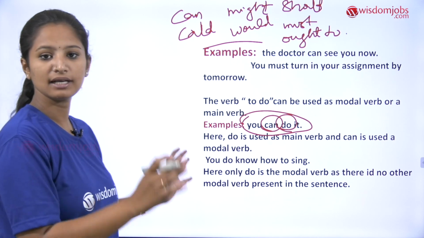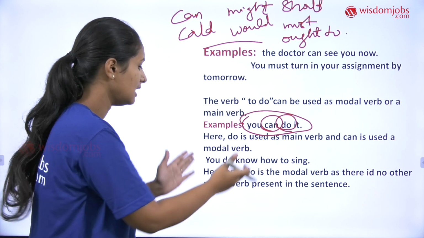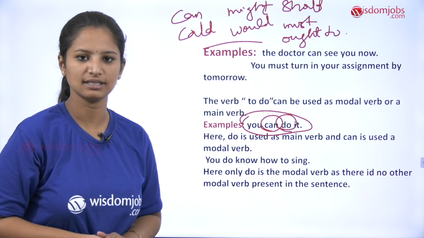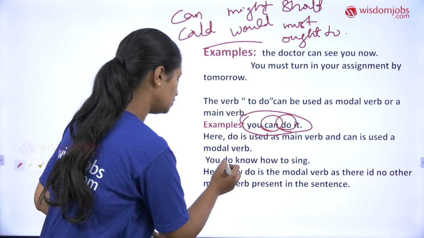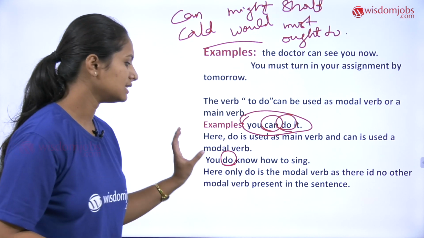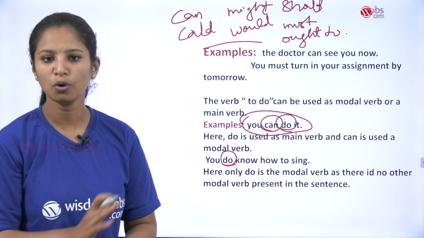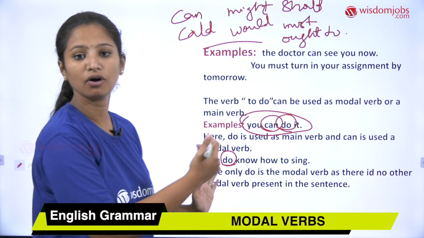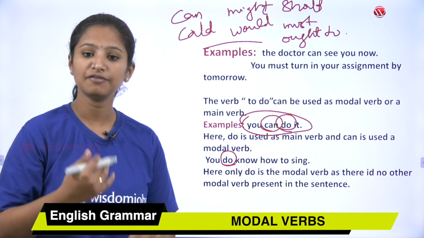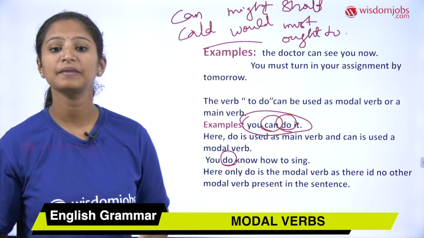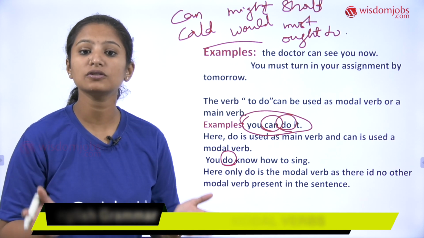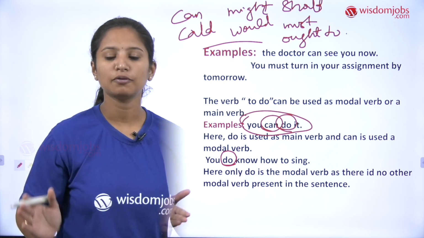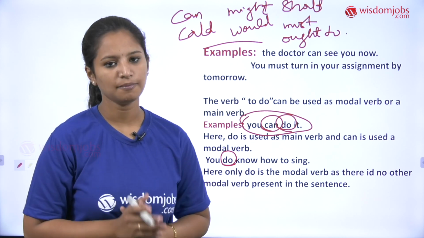But as you can see, there is no such modal verb present in this sentence. So here, do is the modal verb. That is how you understand what modal verbs are, how you differentiate between modal verbs and main verbs, and how important it is for a modal verb to be present in the sentence to give it a proper meaning.